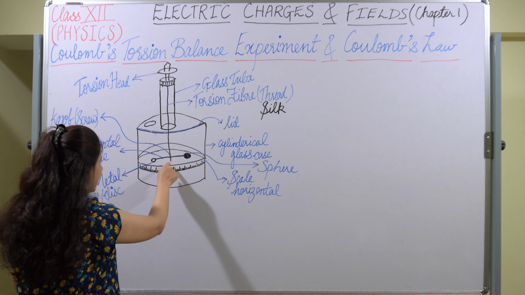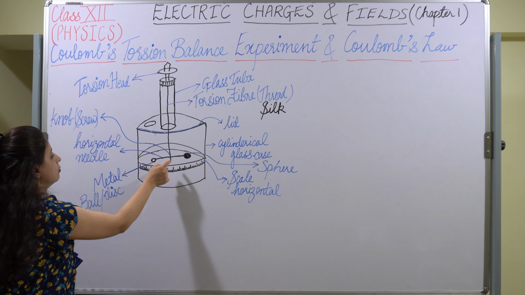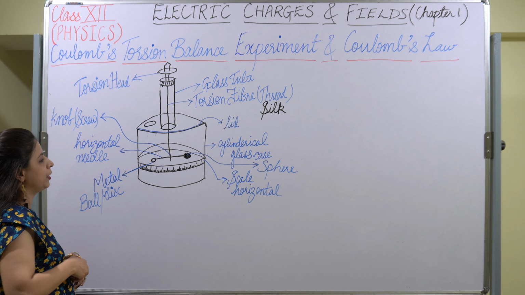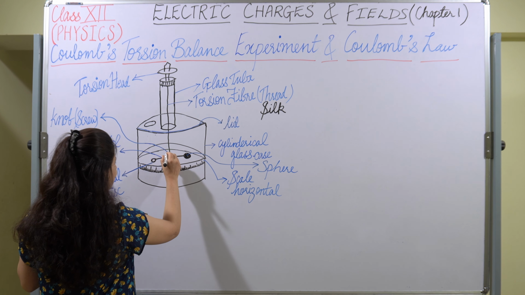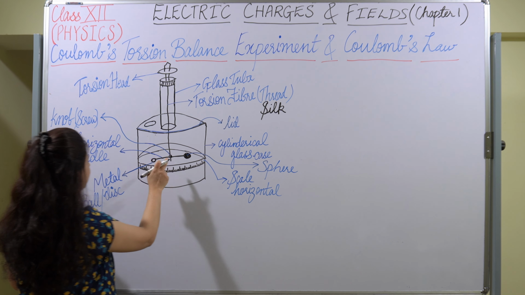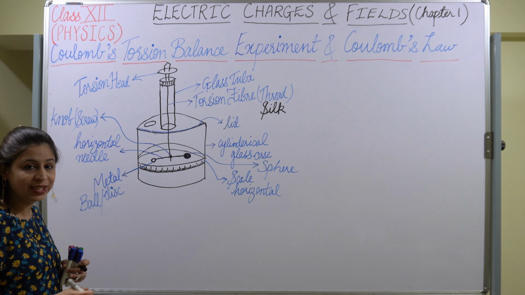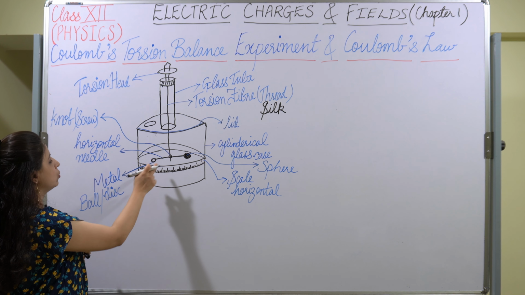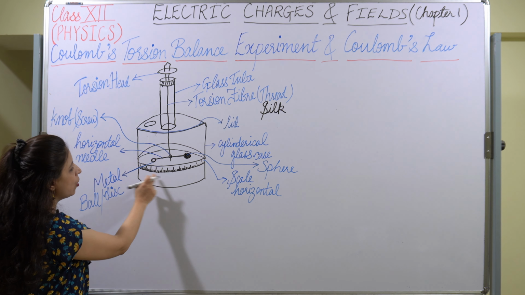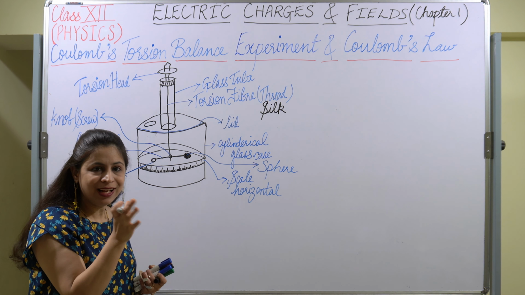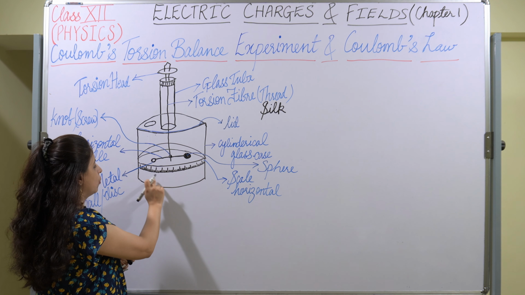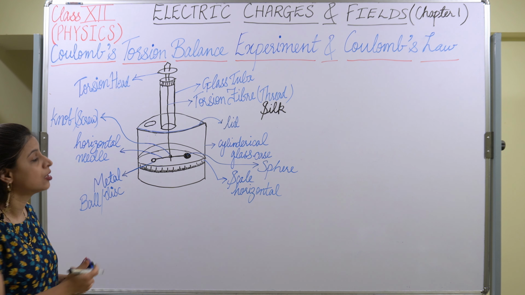That thread was connected with a knob or a screw over here, which was connected with a horizontal needle. Also, there was a horizontal scale over here, which had the readings.